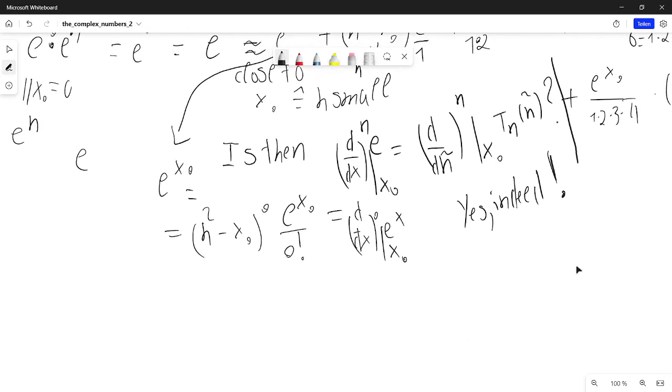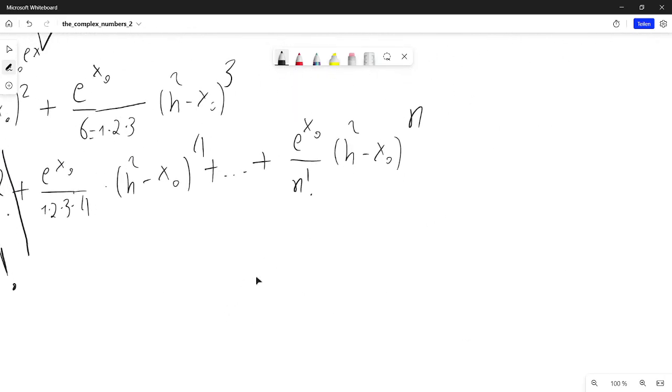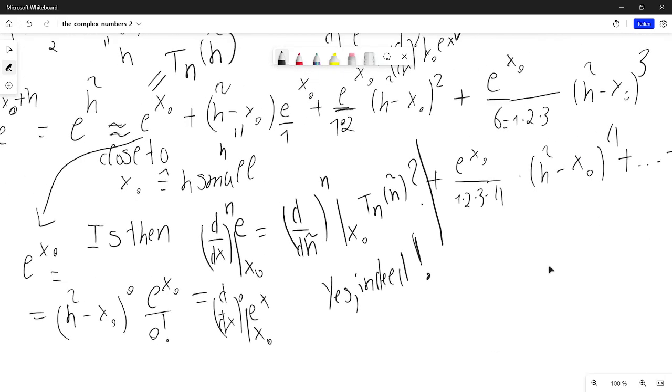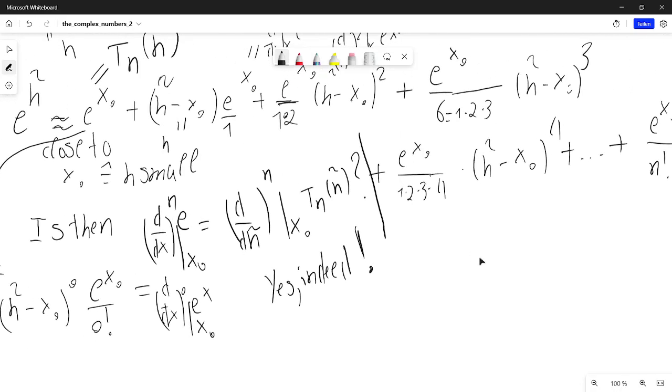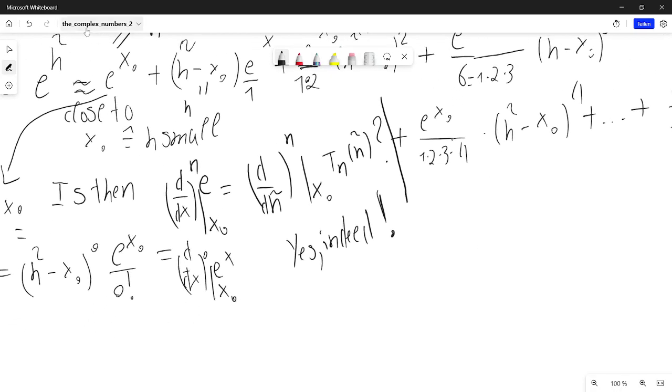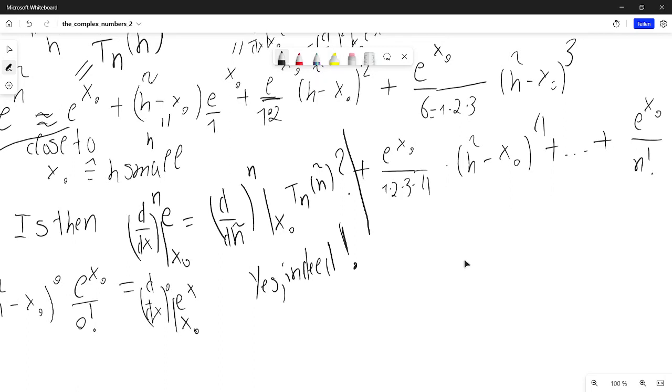But now consider this approximation in a little bit different setting. You see, this, if you recall, the sums of sequences. If we are given an x0 and we are given an h2, right?